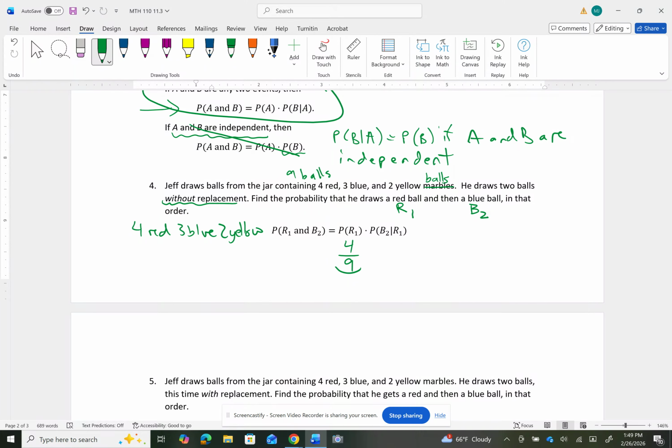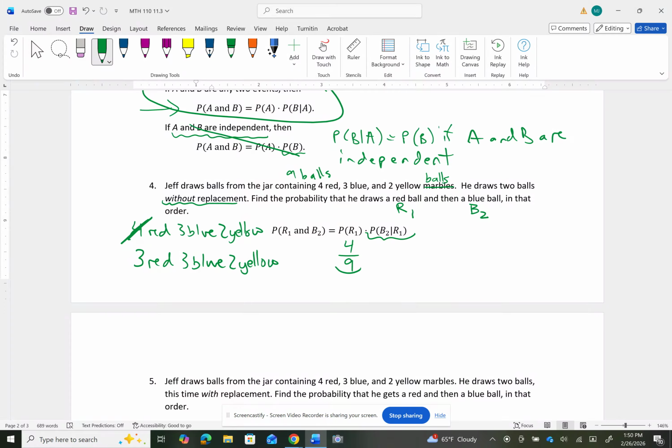Then he'd be down to 3 red, because it was done without replacement, so that red one he got is now out of the jar. All this is asking you now is what's the probability of getting a blue ball on your second draw, assuming that you got a red one on your first draw.